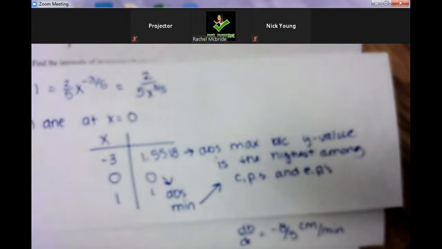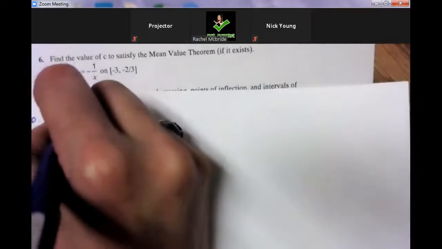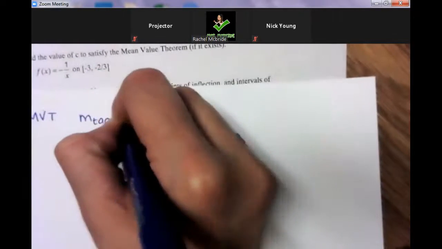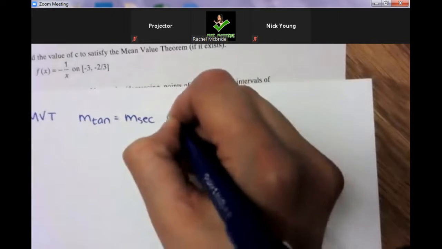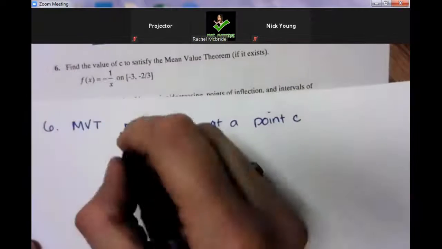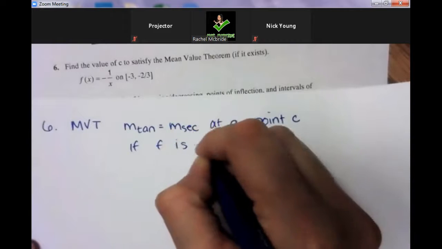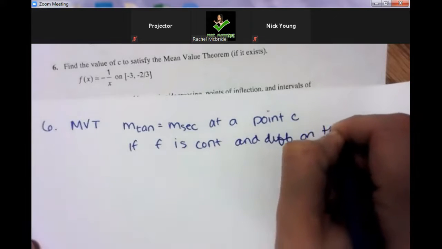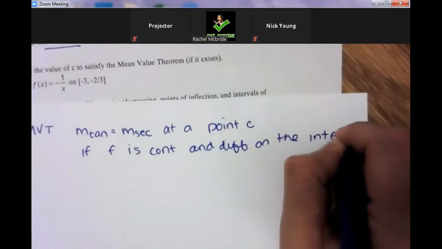Okay, number 6. 6 is a review of MVT. So the mean value theorem says that if we had a point, it basically says that the slope of the tangent equals the slope of the secant at a point C, if f is continuous and differentiable on the interval given.